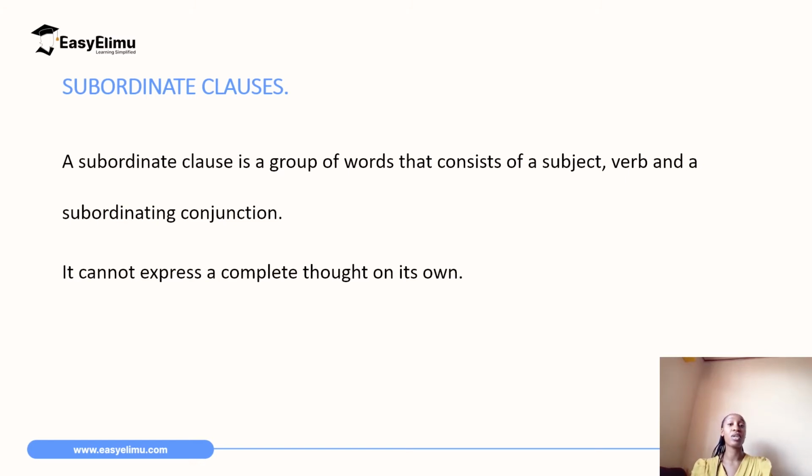For example, because, but, or those are called subordinating conjunctions, and they are the ones that introduce a subordinate clause. Subordinate clauses can also be called dependent, and just from the name dependent, it means that it cannot stand on its own. It depends on the independent clause for it to have a meaning. So without the independent clause, the subordinate clause cannot make sense.